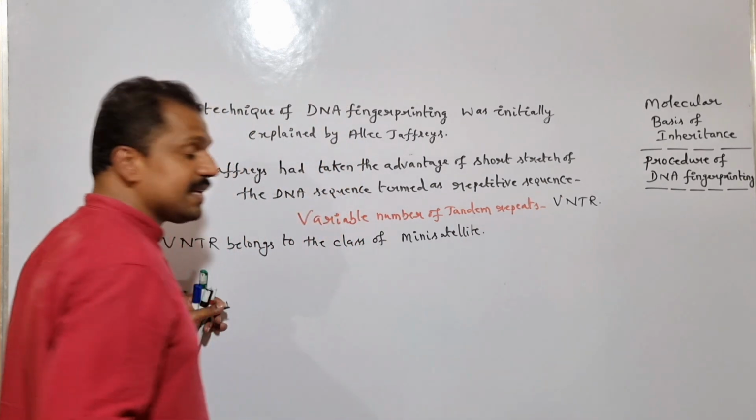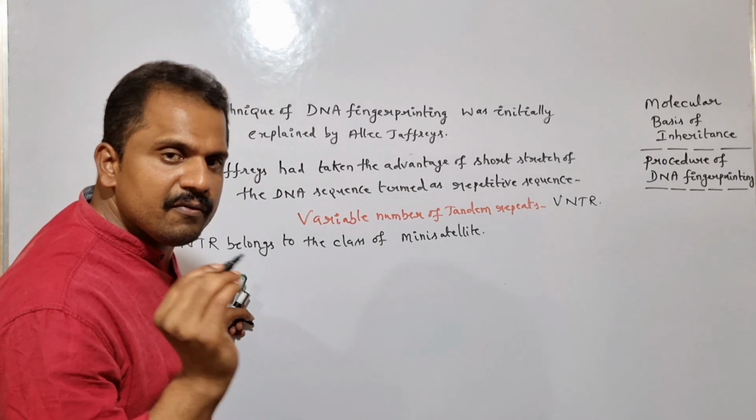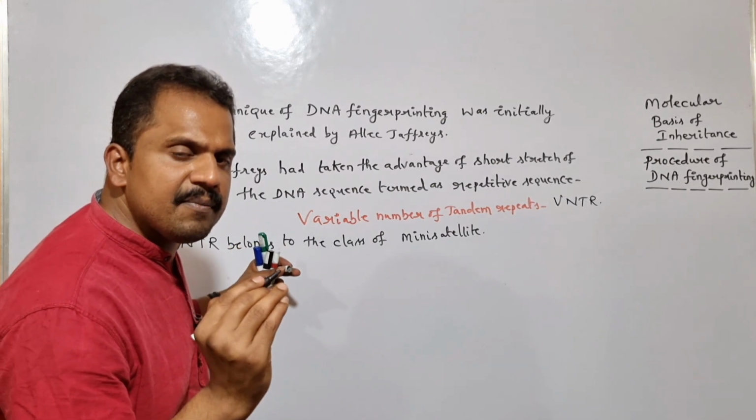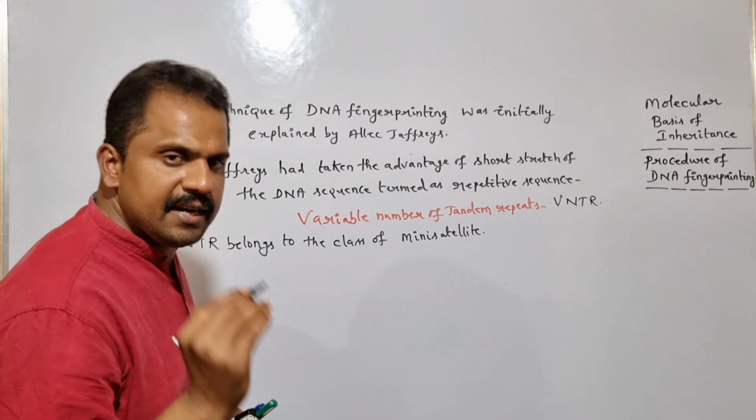The size of the specific VNTR ranges around 0.1 to 20 kilobases. Is it clear? The size as well as the number of the VNTR varies from chromosome to chromosome in an individual.